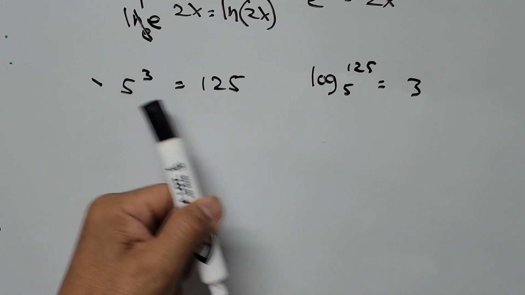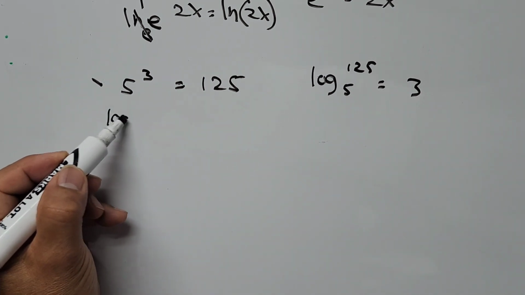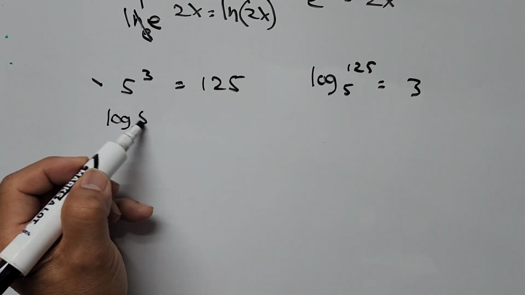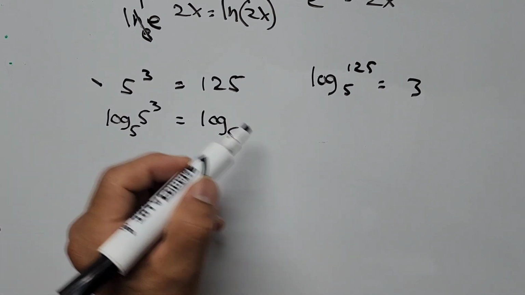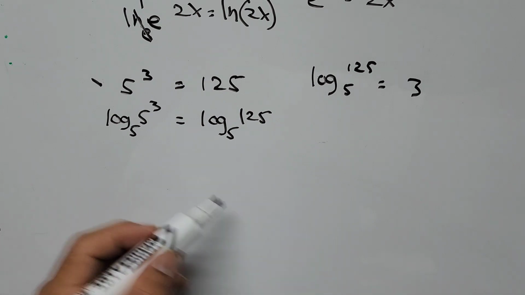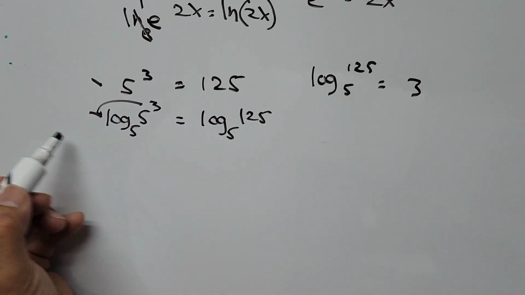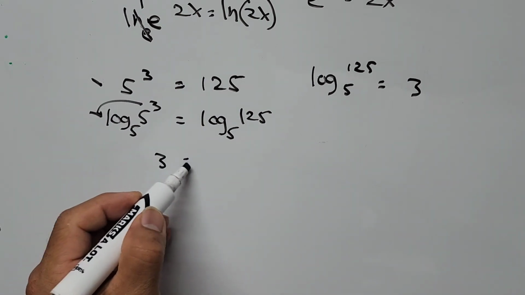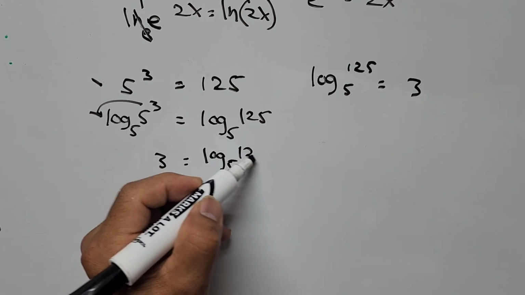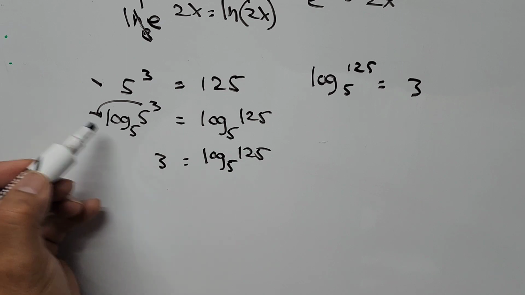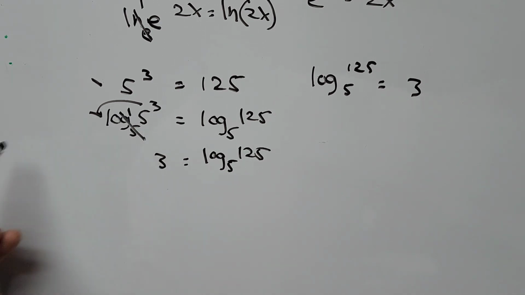Since the base is 5, we take the logarithm base 5 of 5 cubed is equal to log base 5 of 125. And taking down 3 as coefficient, we have 3 is equal to log base 5 of 125. Since this is 1, it cancels each other.